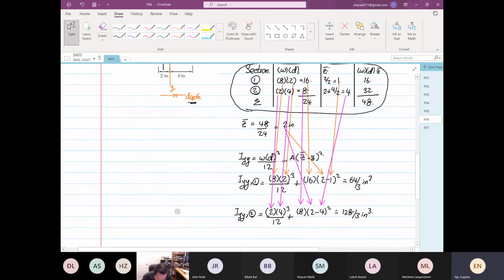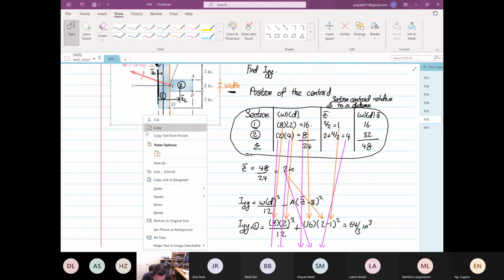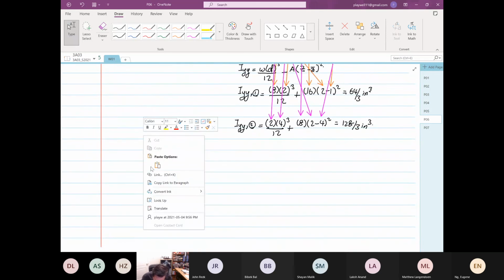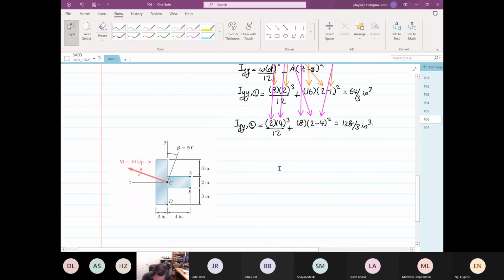So the last part I'm going to do, I don't think I can complete. We're going to find IZZ. So IZZ, the axis of interest is here. So this is the axis of interest. So this is your ZZ, yes or no?